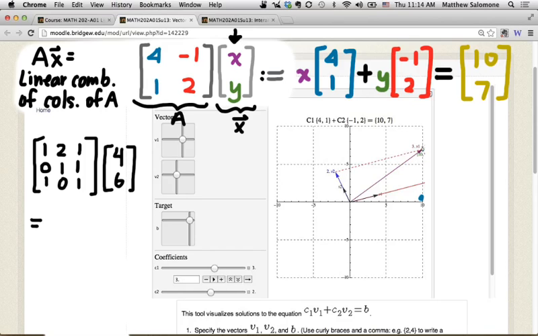So according to the upper left-hand corner, what I'm supposed to do is take a linear combination of the columns of this matrix. And the coefficients of that linear combination would be 4 and 6, right? The entries of this vector. So in other words, this is asking me to take this linear combination of these 3 columns.